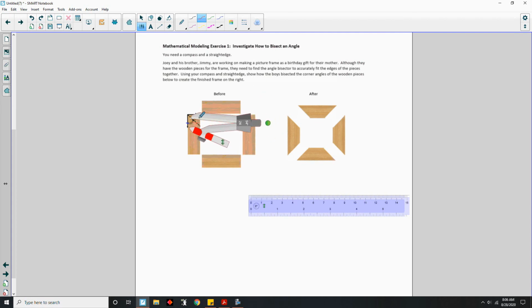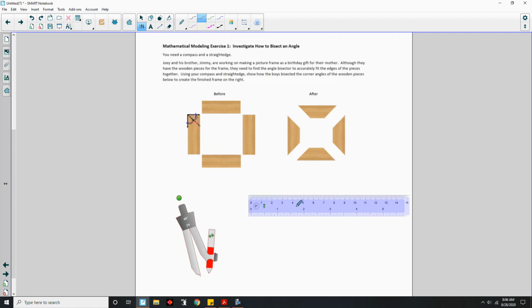And then I would come over and do the same over here, put this right on there, rotate it around, and draw an arc here. So what I have just done is created basically a circle, and then the same distance from the edge of that circle in two places, which is here.